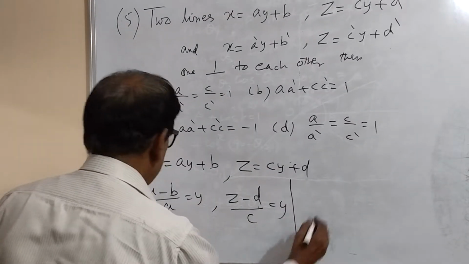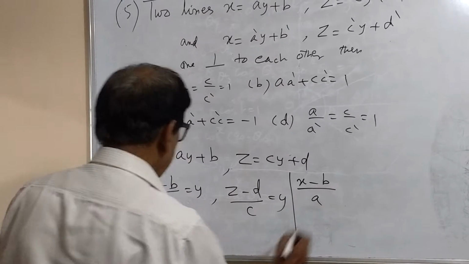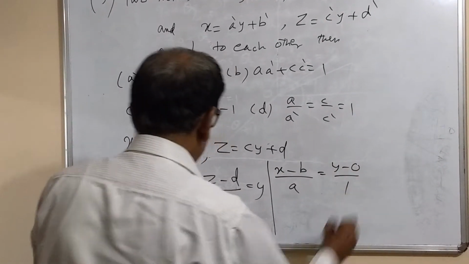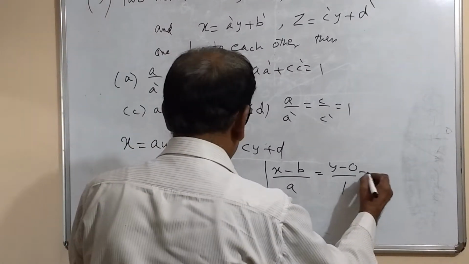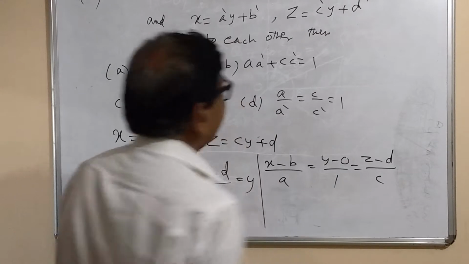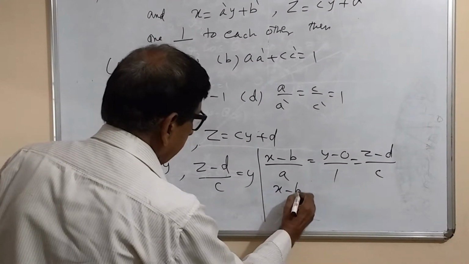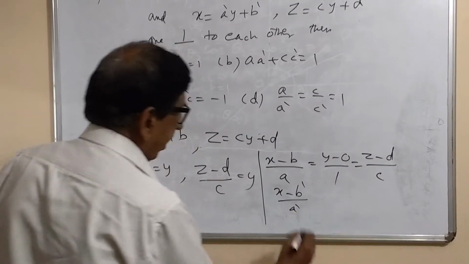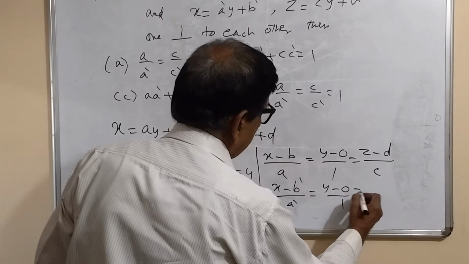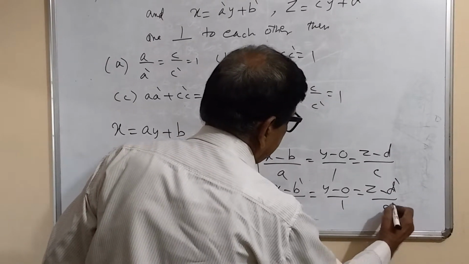Therefore, we can write x minus b upon a equal to y upon 1 equal to z minus d upon c. Similarly, second line can be written as x minus b dash upon a dash equal to y minus 0 upon 1 equal to z minus d dash upon c dash.